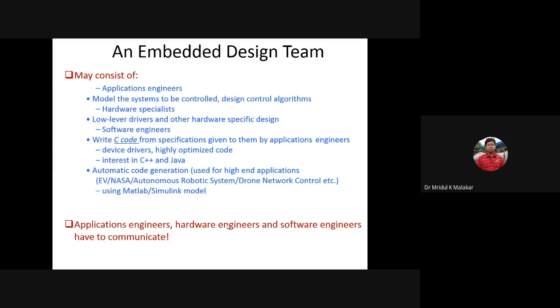The application engineer decides how best to communicate and marketize the system, and how one product can be applied for multiple purposes. If I design a servo motor drive, I can use it for stepper motors also, so one drive system can handle servo drives and stepper drives. These are the main things to design one embedded team. Finally, we have to start from this point.